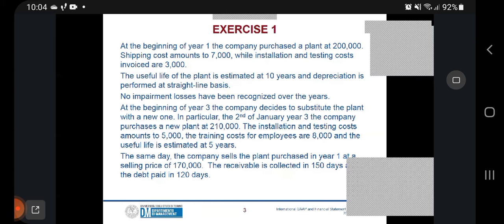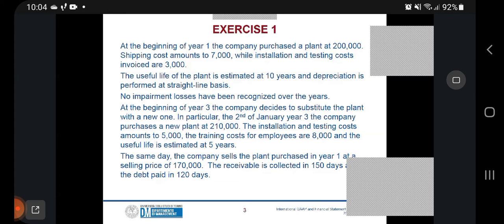At the beginning of year 3, the company decides to substitute the plant with a new one. In particular, on the 2nd of January, year 3, the company purchases a new plant at 210,000. The installation and testing cost amounts to 5,000, while the training costs for employees are 8,000, and useful life is estimated at 5 years.